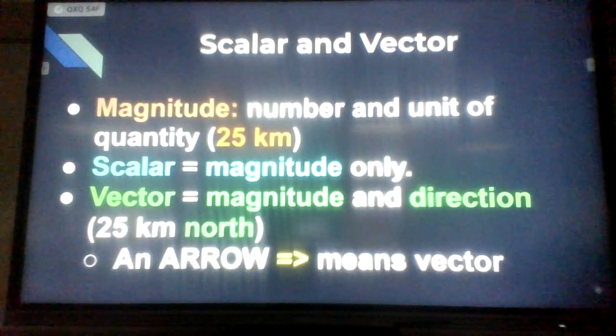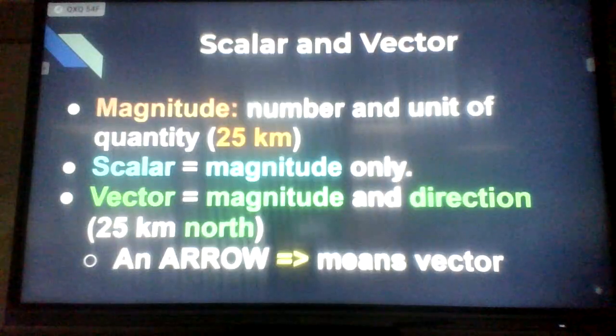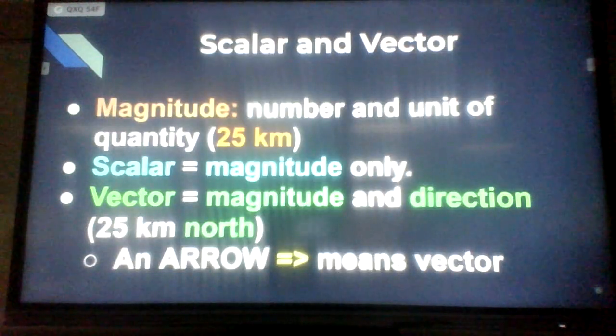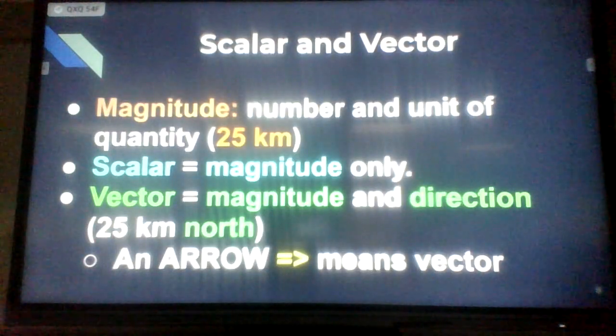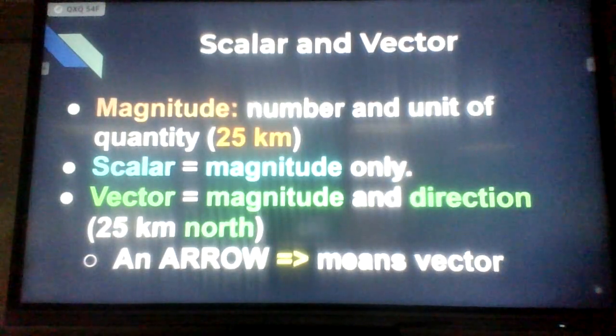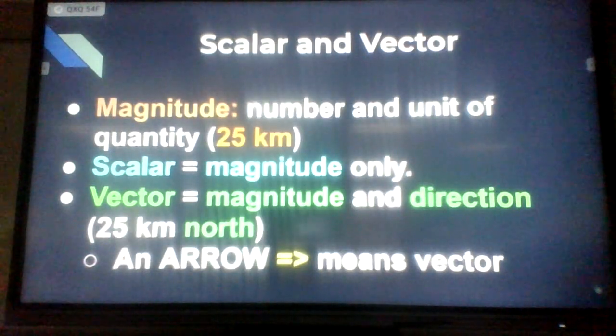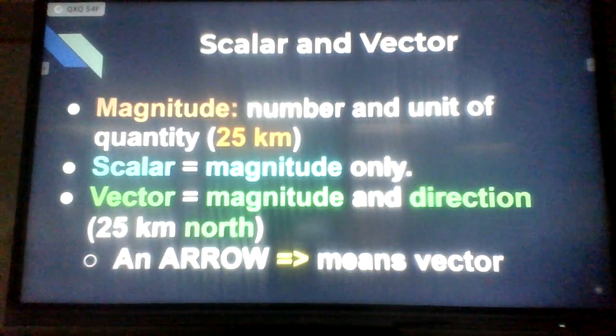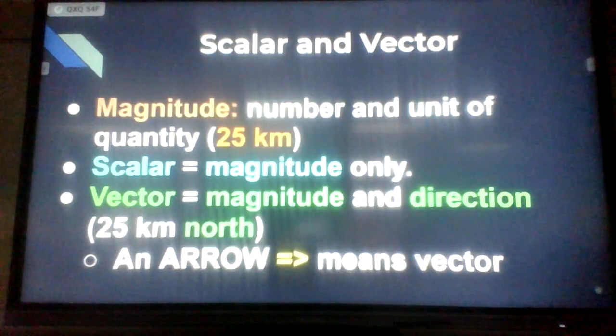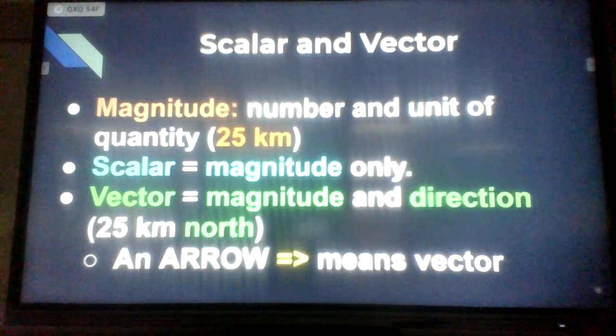Or I talked about speed a moment ago. If I say I'm driving 65 miles per hour, that's a speed. We have no idea what direction. But if I say I'm driving 65 miles per hour south or 65 miles per hour towards Daytona, then I have a vector that's called velocity. And see what I'm doing with those little audio clues.